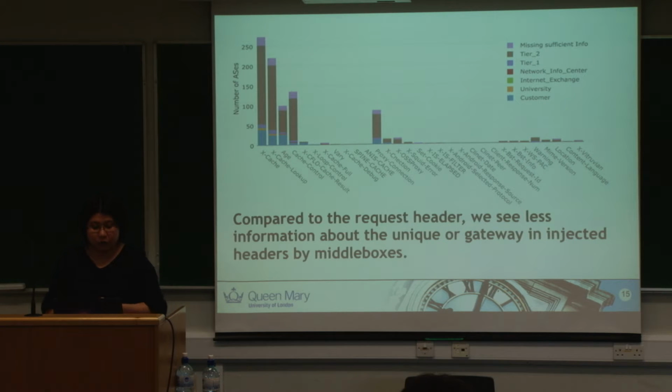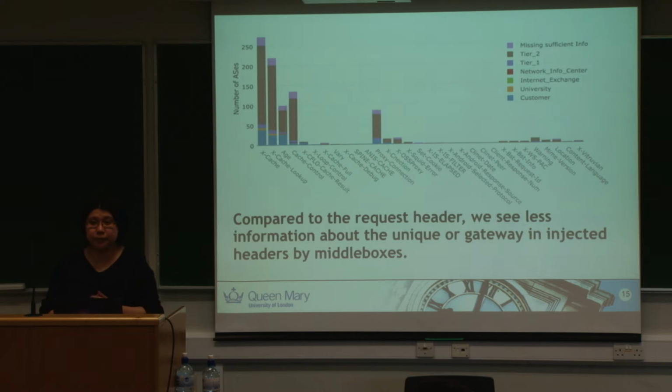Compared to the request headers, we see less information about the Unicode or gateway in headers injected by middleboxes. For the request headers, we know some X-Proxy-ID or end-client information in the injected headers.